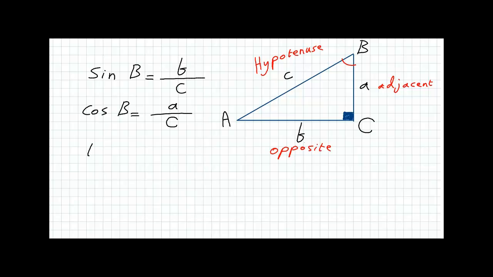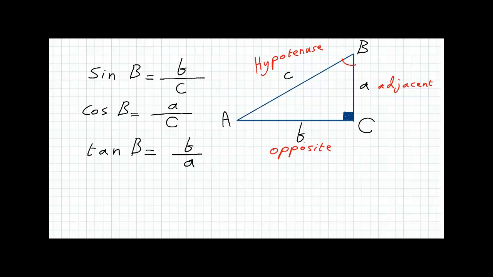And if you want to find the tangent of angle B, you will divide the opposite side length over the adjacent side length. You need to memorize these ratios.